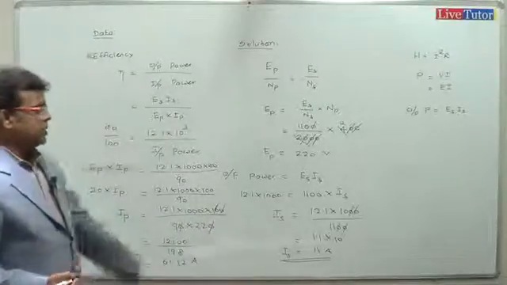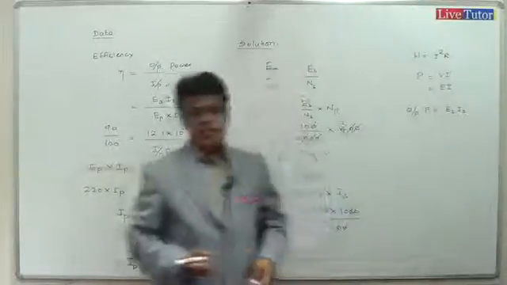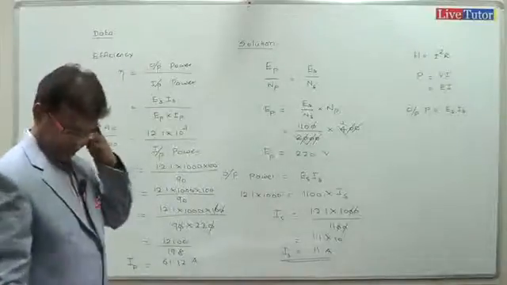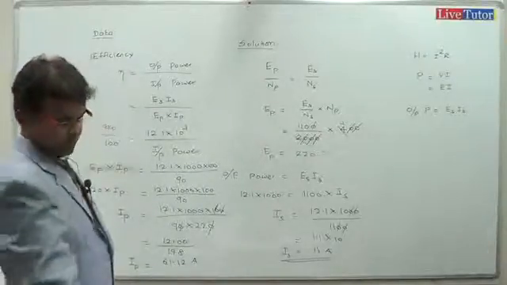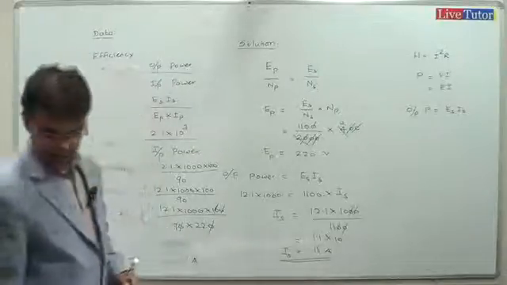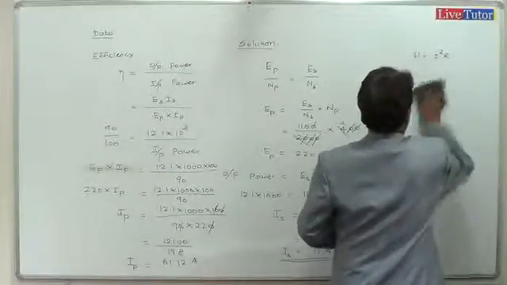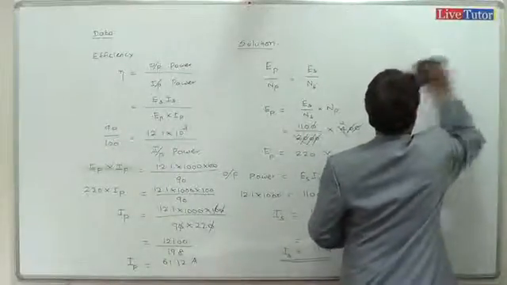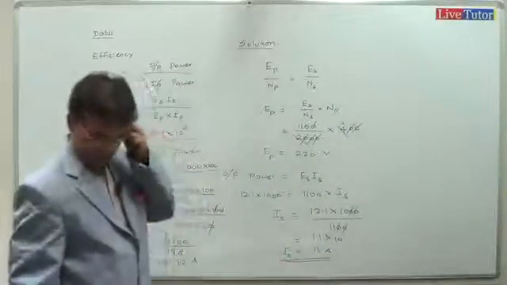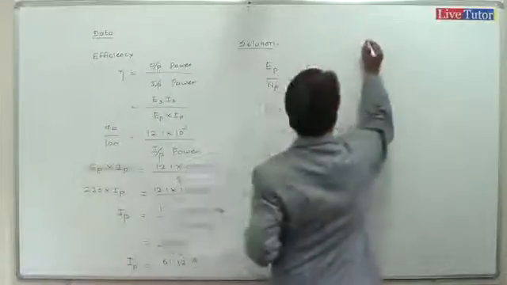So using this and using this formula, you can calculate the heat generated in the primary coil and the secondary coil. Heat loss in the primary coil, first point.